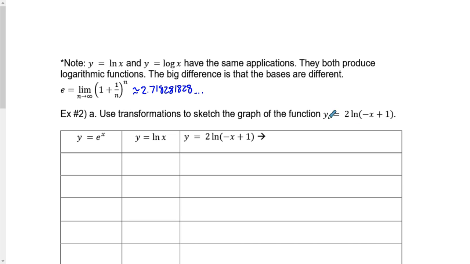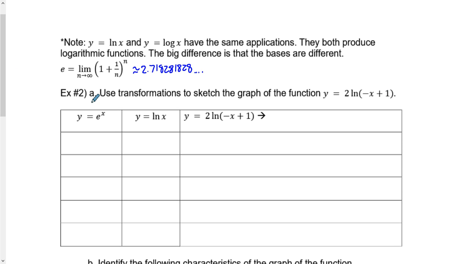So if I talk about transformations to sketch, y equals 2 ln of negative x plus 1, let's identify some points. So y equals e to the power of x, I'm going to use negative 2, negative 1, 0, 1, and 2. When I go e to the power of x, again, you access that by pressing the second button.